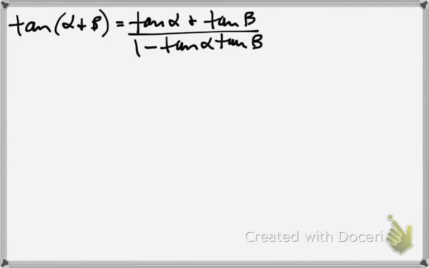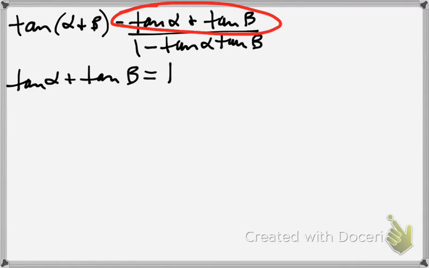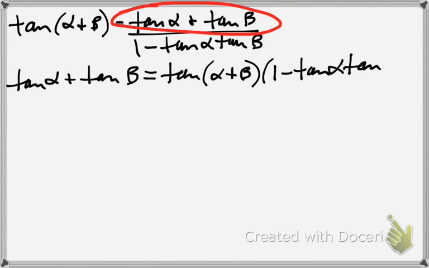We'll solve for tangent alpha plus tangent beta. So if we solve for that numerator, we get another identity, and that's the identity that we're going to use. Okay, so don't use the one that's presented in the book. Just do a version of it.